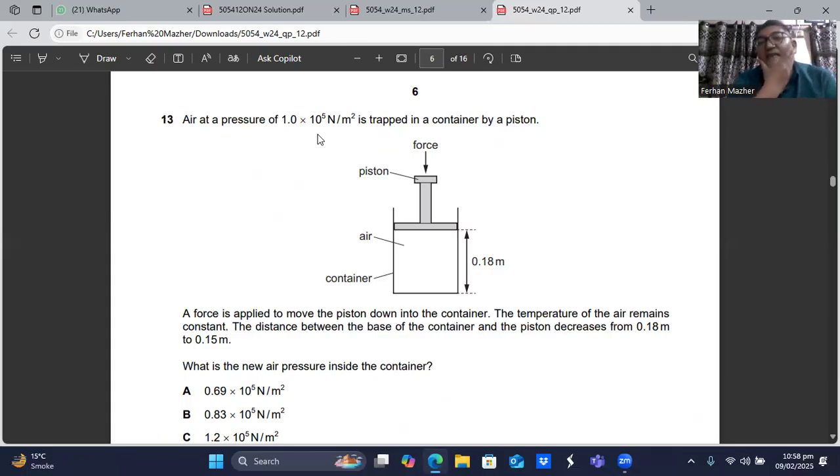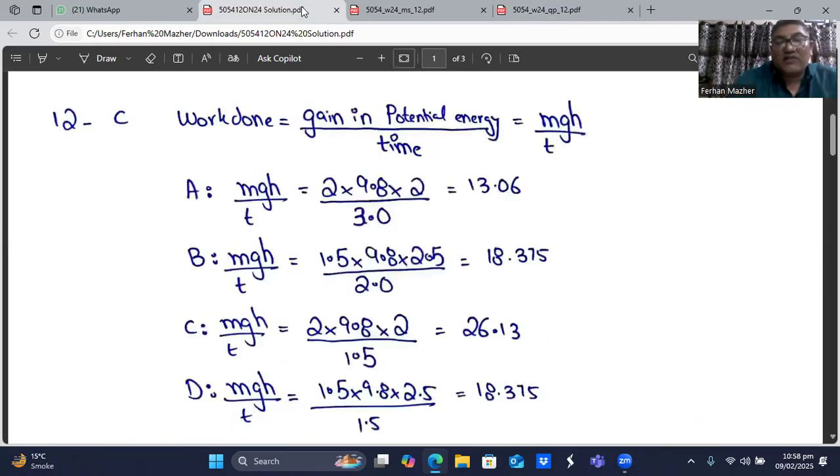And we can take the volume as cross-sectional area multiply the length, because we know the length of the air column. In both the cases, in the first situation and in the second situation, the cross-sectional area of the air is same. So, in the place of the volume, I can write cross-sectional area multiply the length of the air column, and then I can solve it very easily.